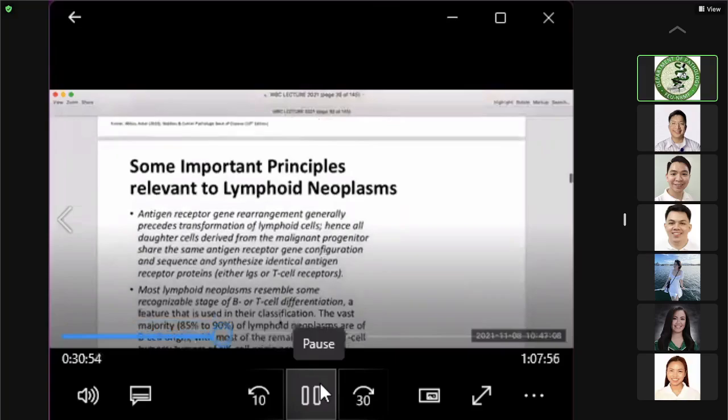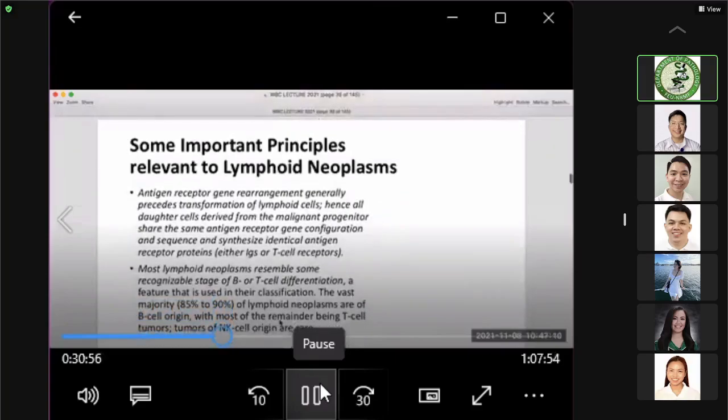Okay. So there are certain other important principles relevant to lymphoid neoplasm. Antigen receptor gene rearrangement generally precedes transformation of lymphoid cells, of course. So the daughter cells derived from the malignant progenitor share the same antigen receptor gene configuration and sequence and synthesize identical antigen receptor proteins.